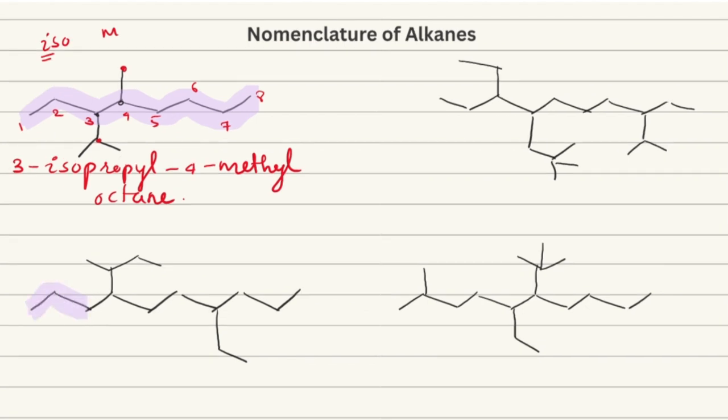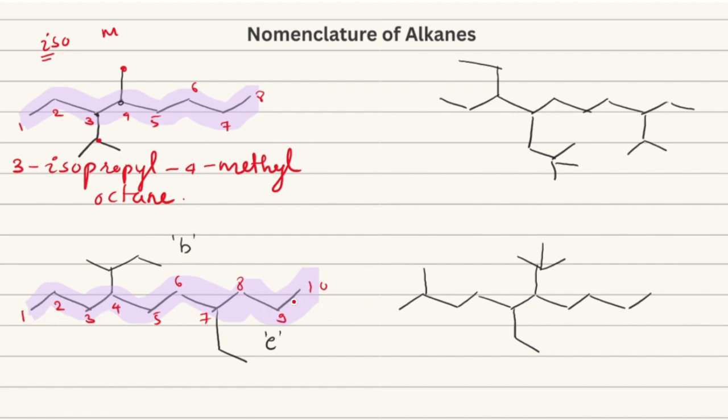For the second molecule, this is the longest chain of carbons. Now, what are the prefixes? There is a secondary butyl and ethyl. You should not consider the S of secondary. You have to consider the B of butyl and compare it with the E of ethyl. So the butyl will get the alphabetical priority. Let's number from this side, because both the locants are going to get the same number. If I do it from here, 1, 2, 3, 4, here also same. Whenever they're on the same position, it's better to give the alphabetical priority.